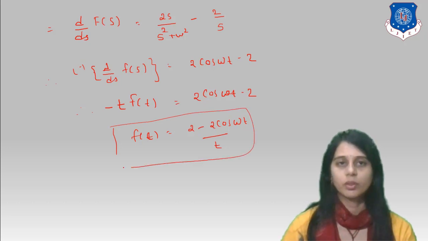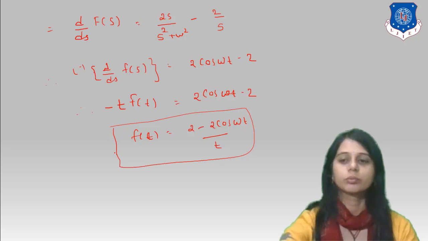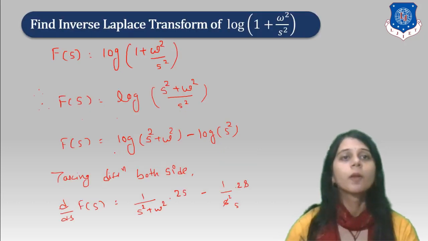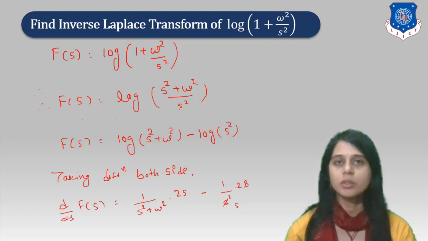Again, first take F of s equal to log of 1 plus omega square upon s square. What is F of s? F of s is log, taking LCM, of (s square plus omega square) upon s square. Using the log property, we get log of (s square plus omega square) minus log of s square.